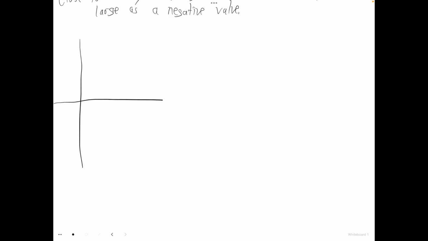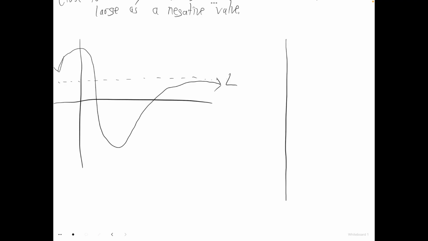And so the first thing that we could have is a graph where this is going to be a value L. We could have a graph that maybe crosses the line L at some point, but eventually as we get larger and larger, we're just really approaching that value L. We could also have that it just never crosses that value and it just gets closer and closer, which is what we were seeing in terms of the function x squared minus 1 over x squared plus 1.